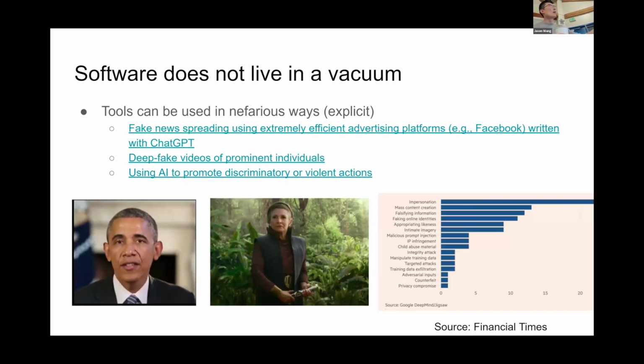This has been done for fake news, has been done in Hollywood for movies, for people that have passed away, and has now been shown to be used widely to promote discriminatory or violent actions, basically producing content that's not real but makes the people who consume it have tendencies or calls to potential action in nefarious ways.